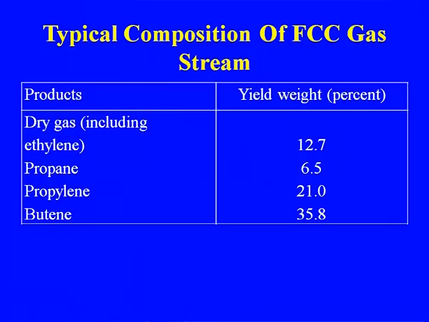This is the composition of a typical FCC gas operating in the gasoline mode. Here you see the propylene is 21%, propane is also there that you can separate, and then the propane can be used for dehydrogenation of propane to propylene.